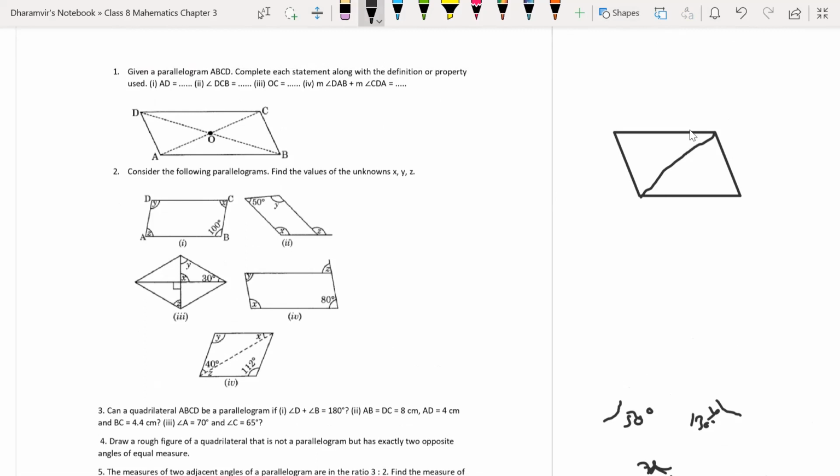This angle is X. This angle here is Y. This angle is 40 degrees. This is the Z angle. This is the 80 degrees. Oh, sorry. No, this is the previous figure. Okay. No problem. Okay, let's draw again the next figure.